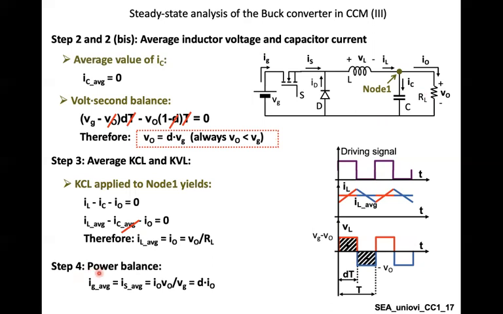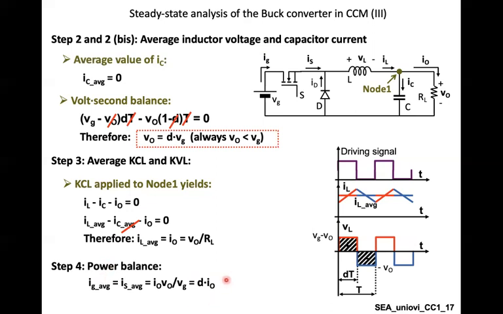So that means that IG, which is typically equal to IS, should be equal to I output times V output over VG, because simply, as you know, VG times IG equals I output times V output, which is the power balance. Now, you know that V output over VG equals D from this equation, which means that IG average equals D times I output.